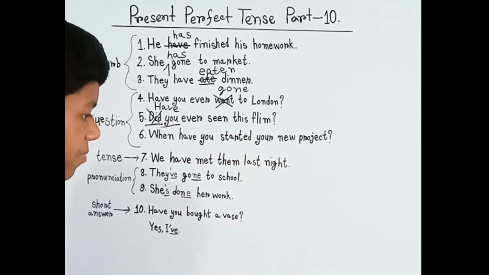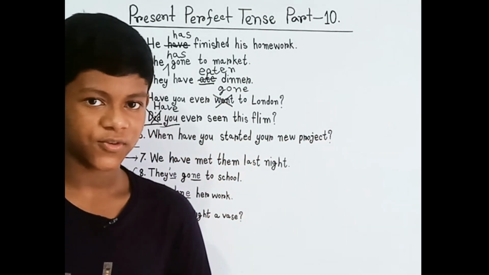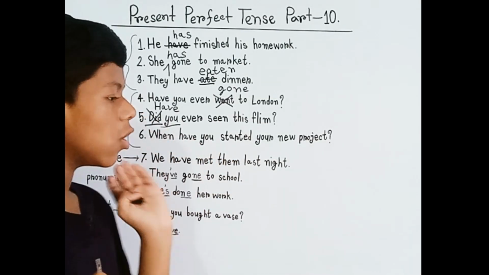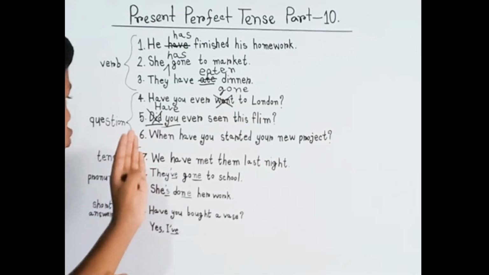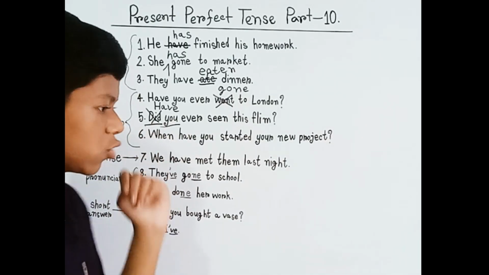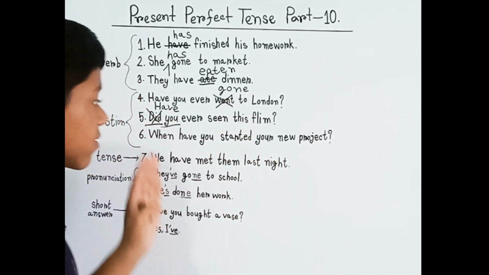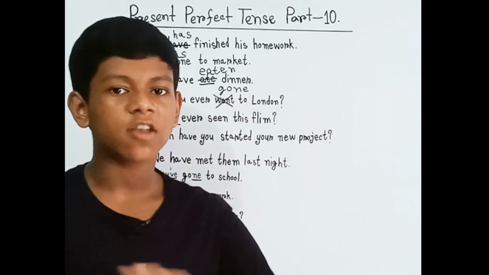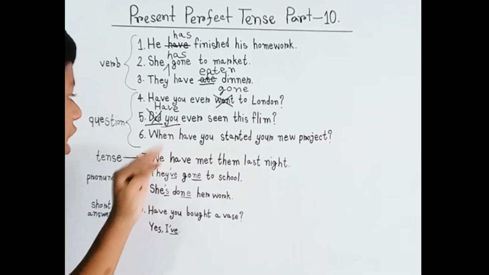The next is, when have you started your new project? It's one of the simple questions, but which mistake has the student made? Of course, there's a huge mistake, and it's out of the grammar rules.